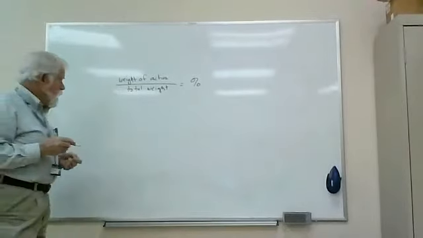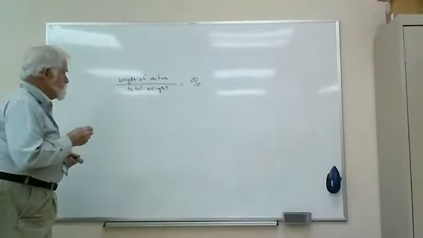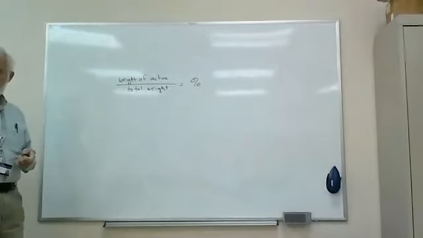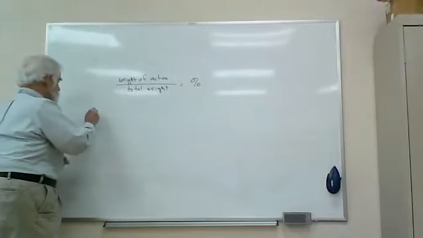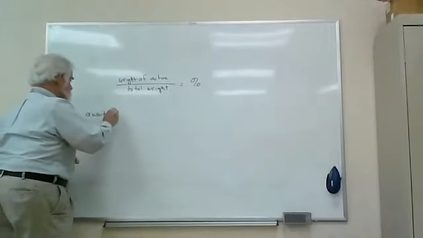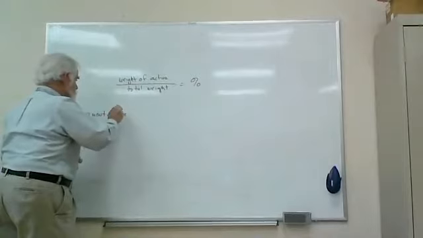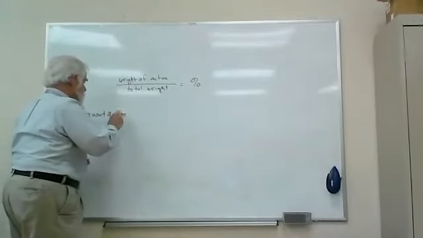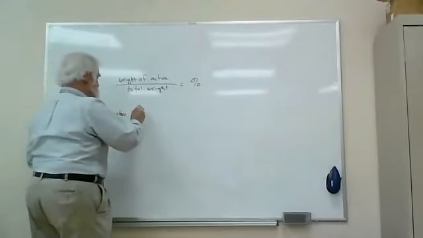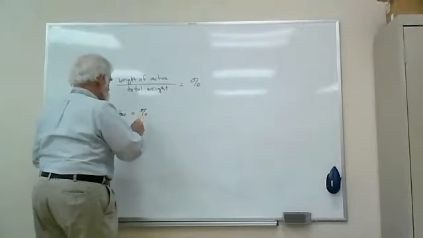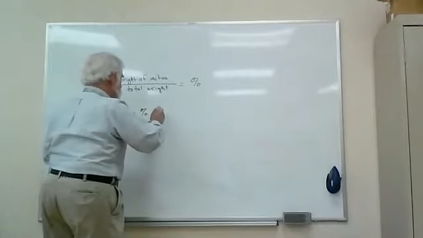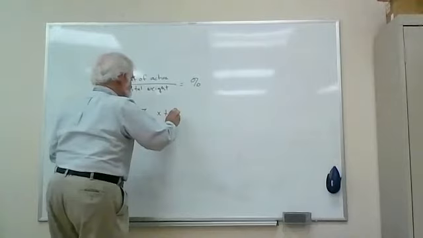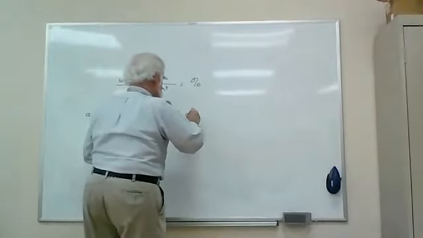Okay? So what happens is, if you know the percent you want, and you want the amount of active, we can write that down as an equation that says the percent as a decimal times the total amount of material.